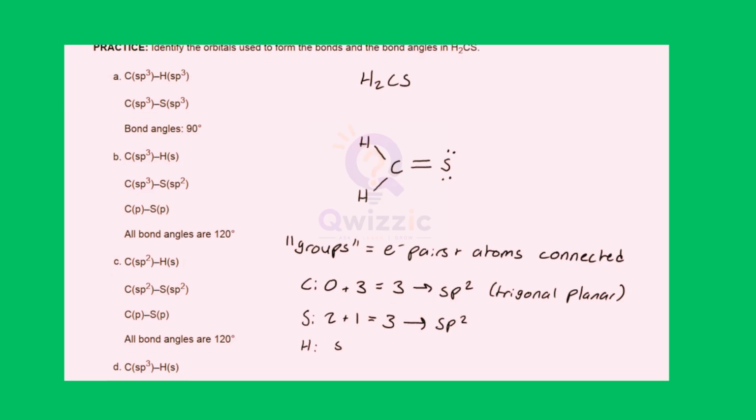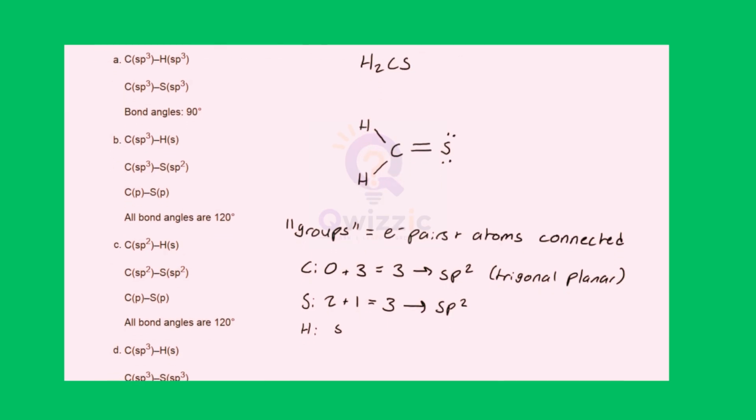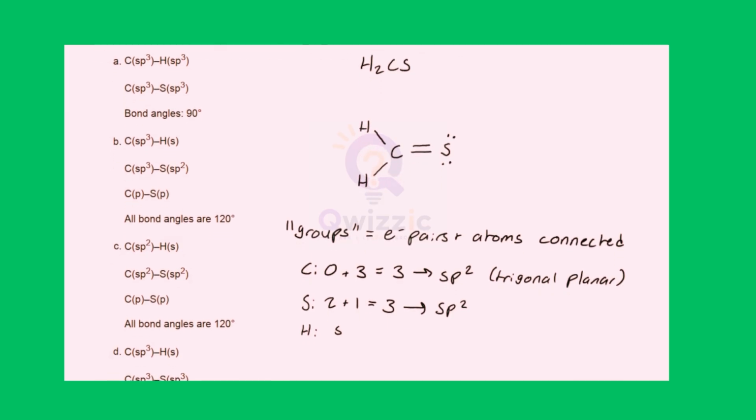And so with that being said, our answer is option C in the multiple choice. As for the orbitals, we have the Csp2 to Hs, the Csp2 to Ssp2, and the Cp to Sp. In addition to that, all bond angles are 120 degrees.